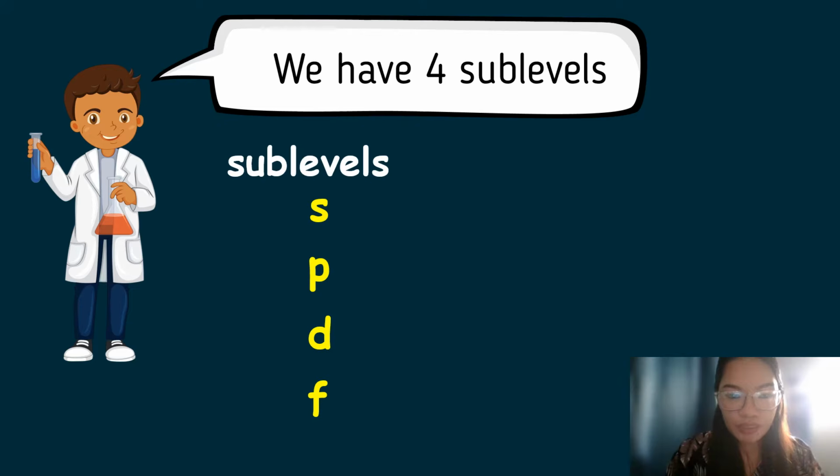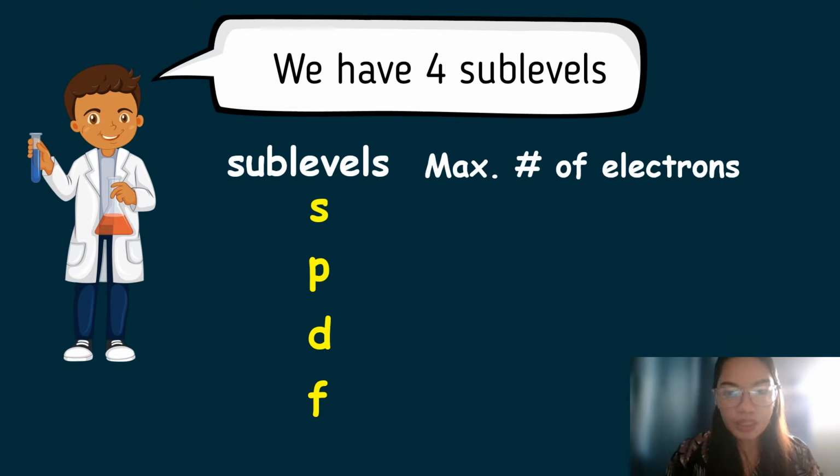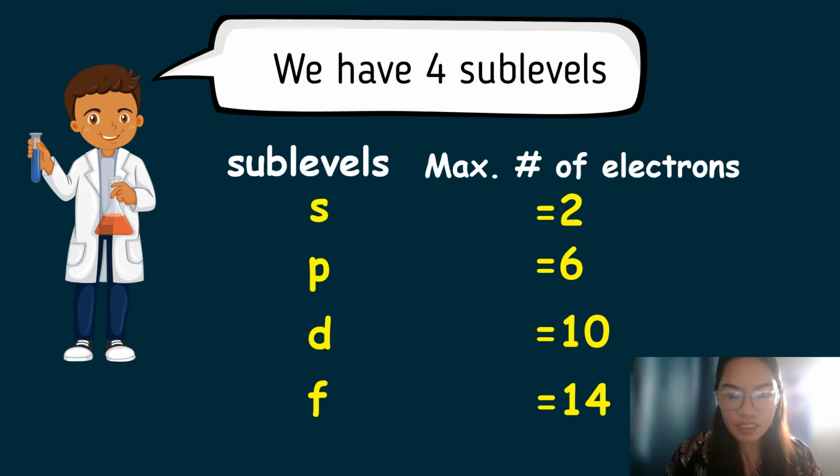Each sub-level can hold only a maximum number of electrons. The maximum number of electrons for the S sub-level is 2, for the P sub-level is 6, for the D sub-level is 10, and for F is 14.